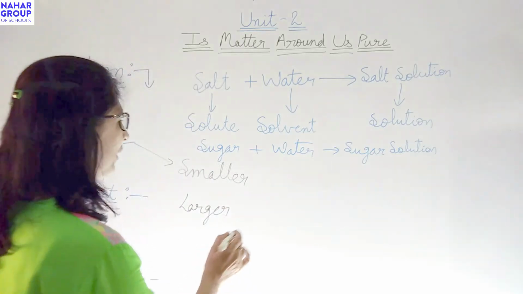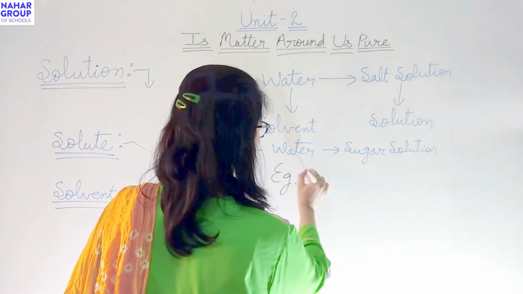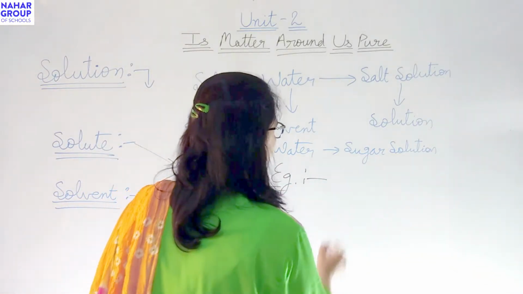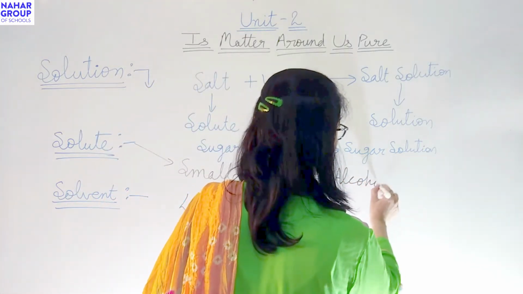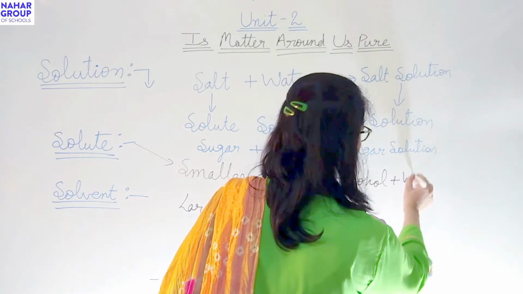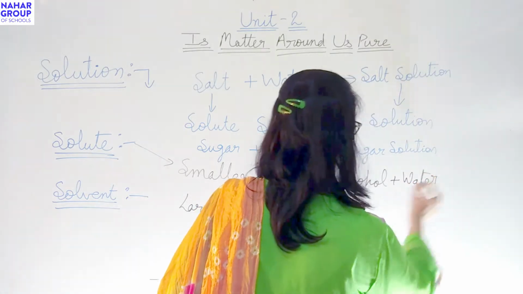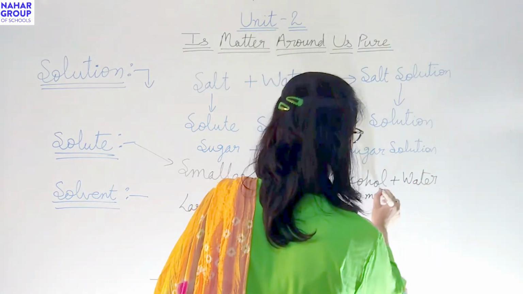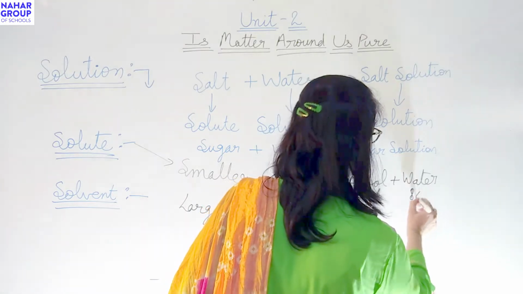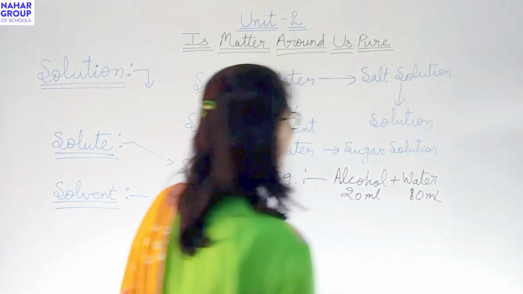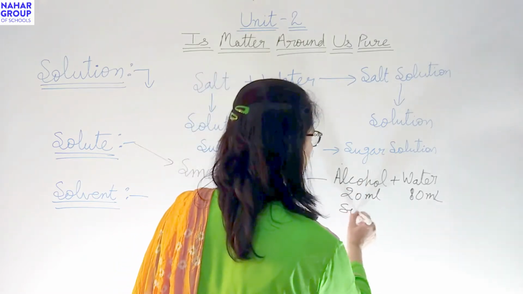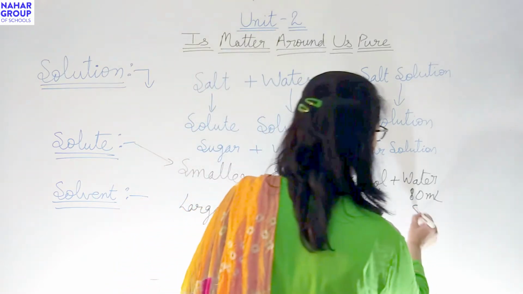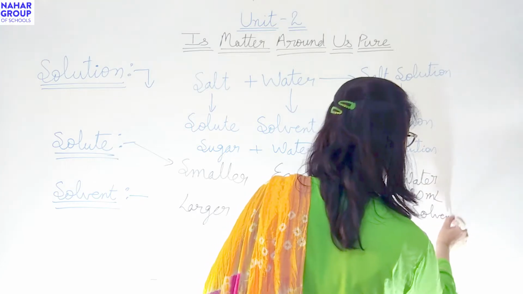Some other examples, that is alcohol. If we are adding into the water, suppose 20 ml alcohol we are taking and 80 ml of water we are taking, in that condition alcohol is the solute and water is the solvent.